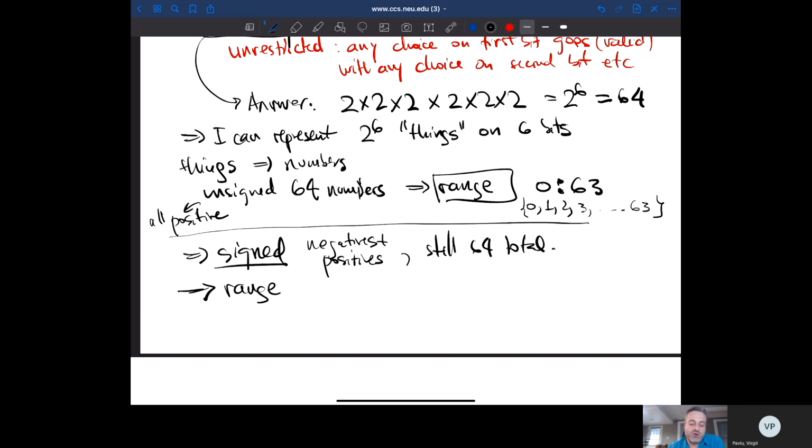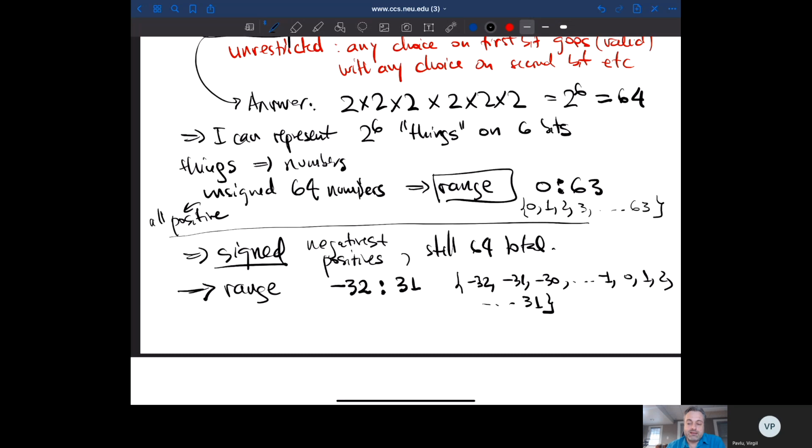So the range by default that I'm going to use here is from -32 all the way to 31. That's MATLAB notation, but I can write it in set notation. That's -32, -31, -30, all the way down to -1, 0, 1, 2, all the way to 31. It's all the integers starting at -32, ending at 31.